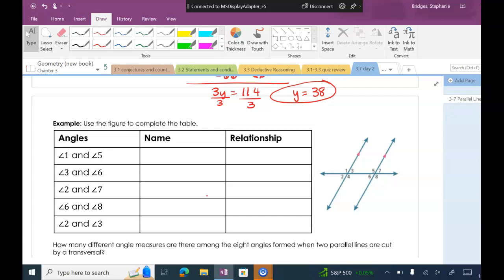What one of the five they are. The five are listed on the board. And then what is their relationship if those lines are parallel? That is also on the board.